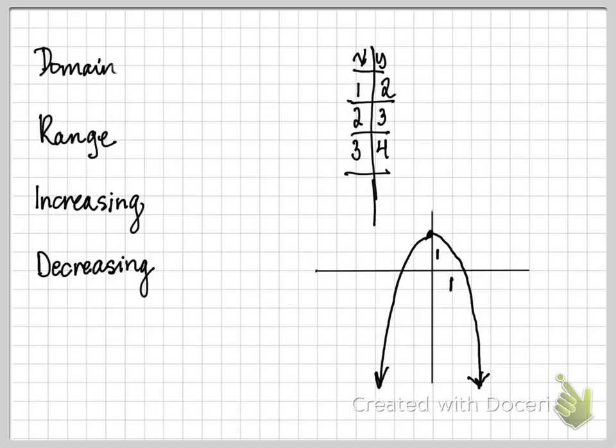But if I continued here and say I did 1 again, and I have 3, now it's not a function because an input of 1 gave me a 2, but then there was another input of 1 that gave me a 3. So back to that idea of a function, that when I have an input, I know what the output is going to be. There's no ambiguity there.